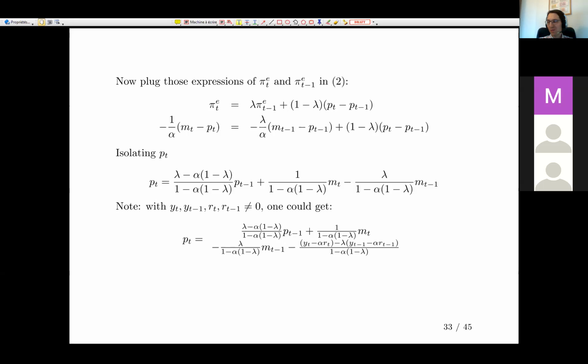I don't want to spend too much time on it because it becomes a very strange model. But if this coefficient was larger than 1, then higher prices yesterday mean higher prices today, even without change to the money supply. And then you could get hyperinflation just because of expectation.